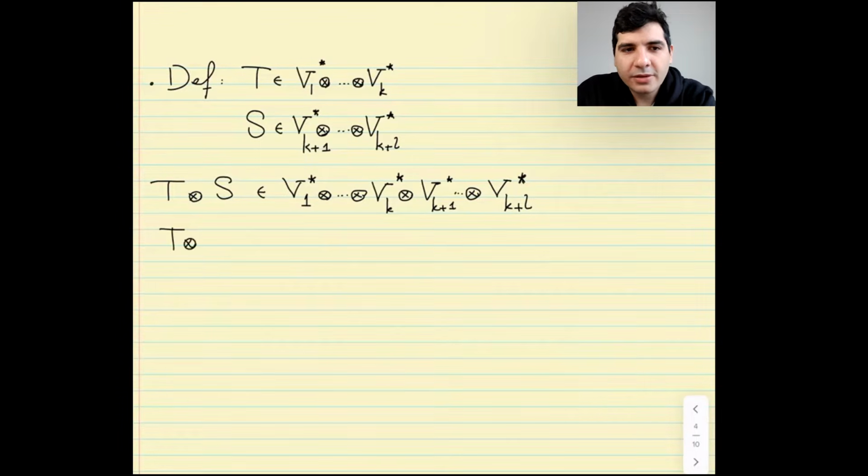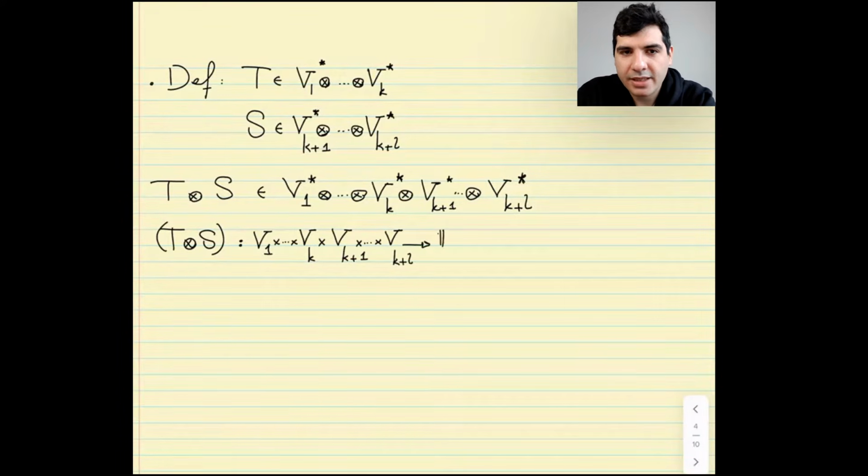In order to completely characterize what T tensor S is, as a linear map from V1 times up to Vk times V(k+1) times up to V(k+L) to R, I should say what the value of T tensor S is on every (k+L)-tuple of vectors coming from these vector spaces.